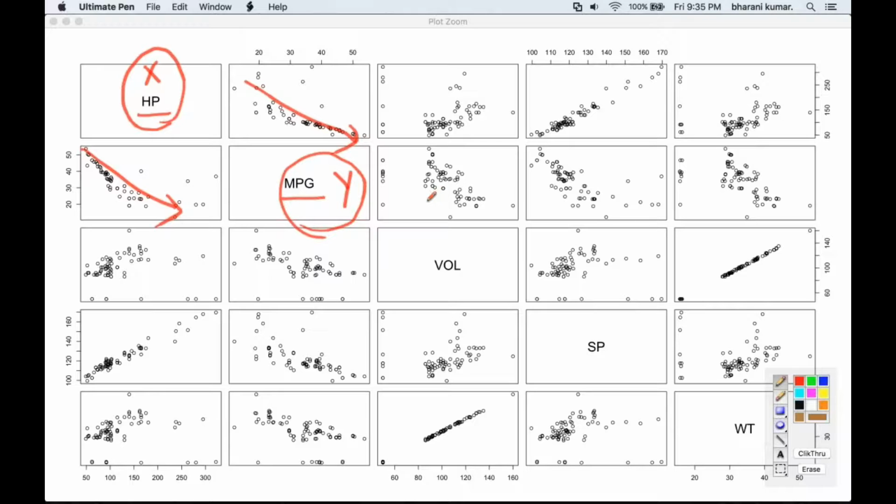What does your common sense say when it comes to vehicles, cars or bikes or whatever be your vehicle? As the power of the vehicle increases, mileage would decrease. So based on your common sense or subject matter expertise, this kind of a correlation seems to be correct.